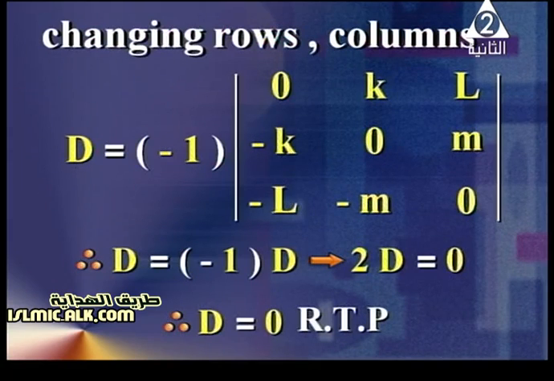After that we change the rows and the columns, and we find the determinant after the change must equal the determinant D. In this case, D equals negative 1 times D. After that we put the equation as 2D equals 0, then the determinant must equal 0.